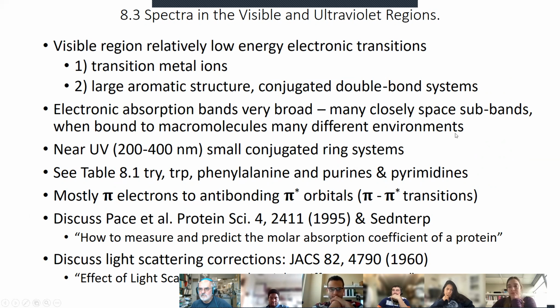Now, the UV, which we usually describe as 200 to 400, would be smaller conjugated ring systems. And examples of these are tyrosine, tryptophan, phenylalanine, or purines and pyrimidines. So aromatic protein amino acids or nucleotide bases would correspond to this UV region of the spectra.